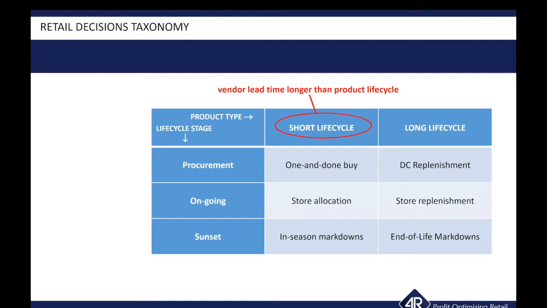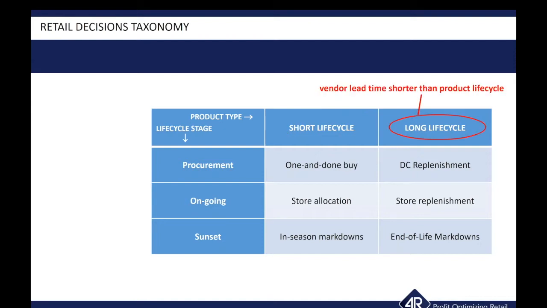Of course, the opposite of short life cycle is a long life cycle, where the vendor lead time is shorter than the product life cycle, and usually the product life cycle is much longer than the procurement cycle. This allows the retailer to place 1 or 2, or actually usually very many, rebuys.